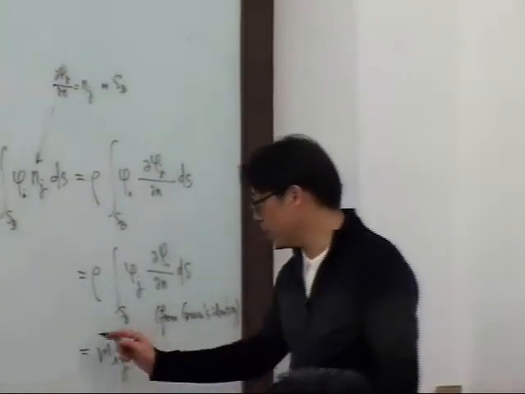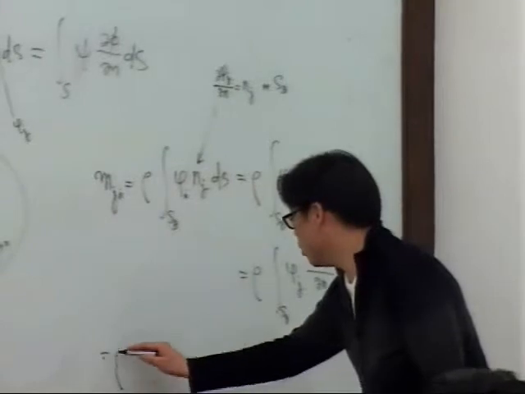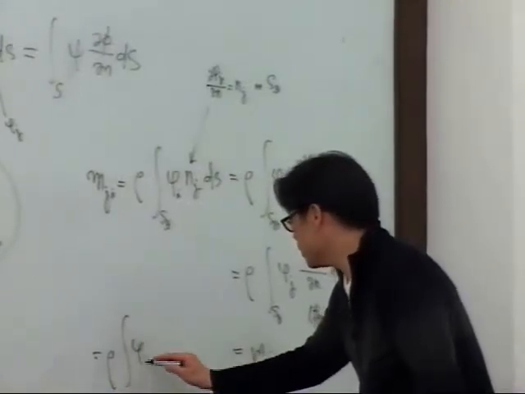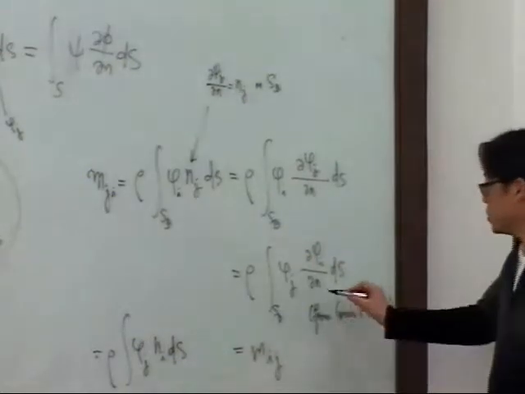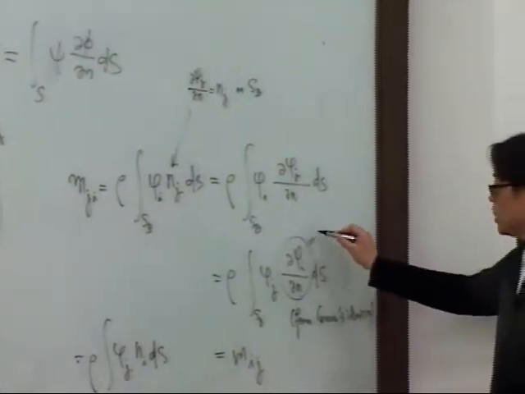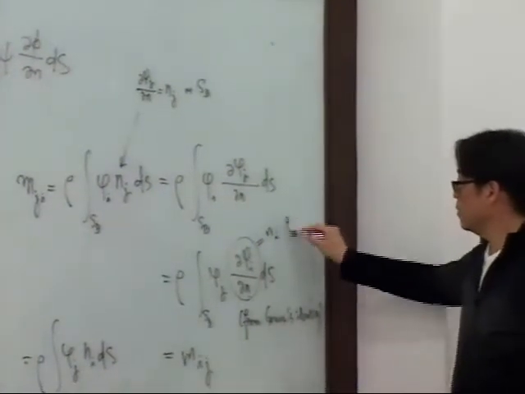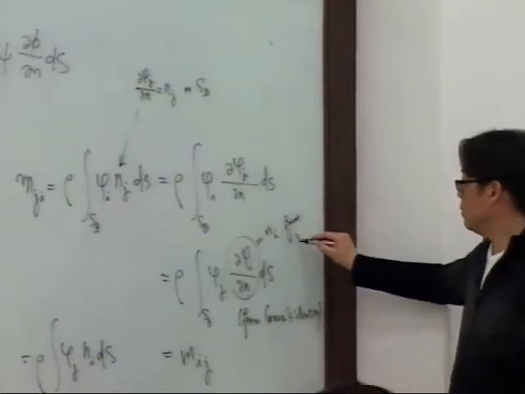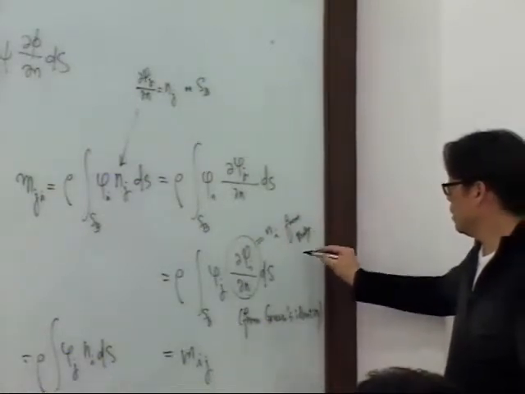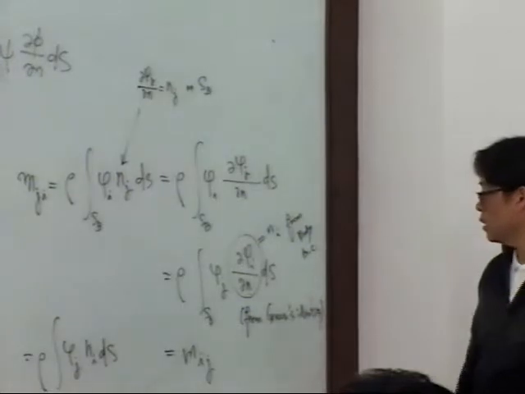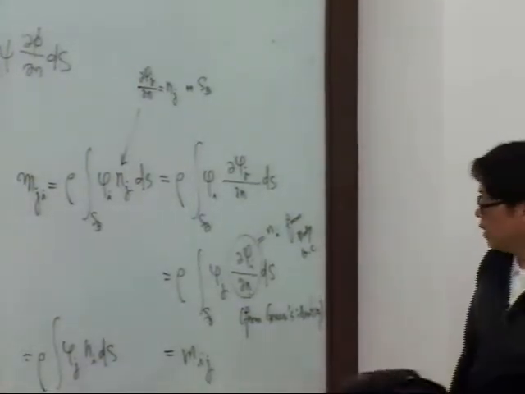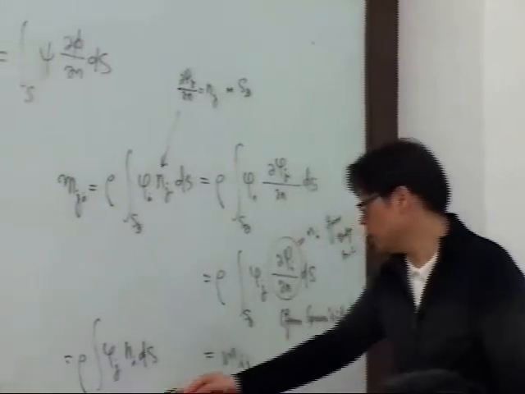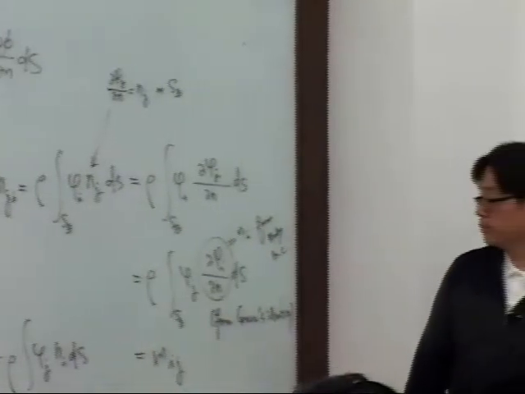Or I can go one more step. It is equal to rho phi_j n_i dS, because once again the body boundary condition said this is n_i. And that is nothing but M_ij.